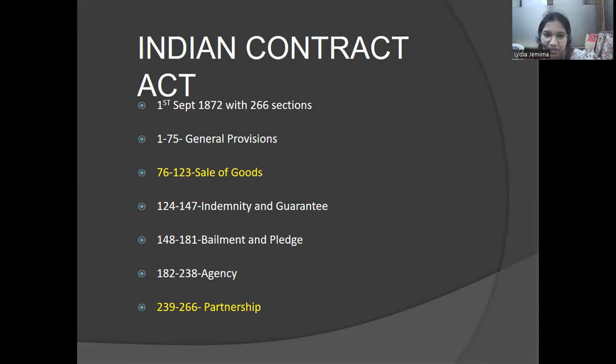Here we see subsections 76 to 123 talk about sale of goods, which I was telling you about in the previous slide. 124 to 147 talks about indemnity and guarantee, 148 to 181 talks about bailment and pledge, 182 to 238 talks about agency, and 239 to 266 talks about partnership.